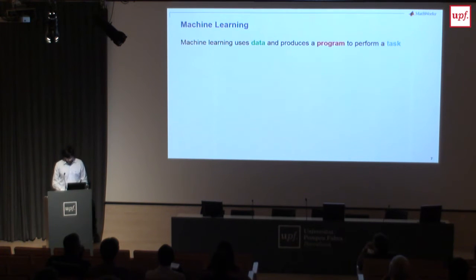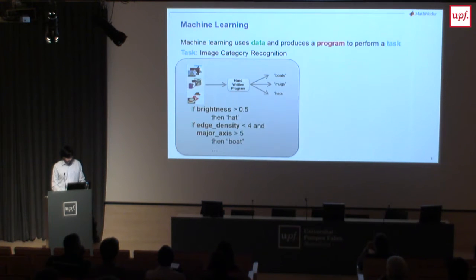So with that, if the task I'm assigned is, for example, image category recognition, we could start in a very simple way by just taking a group of images, let's say boats, coffee mugs, and hats. And I can start writing a very simple program using if-else statements and trying to make use of different properties that these images might have.